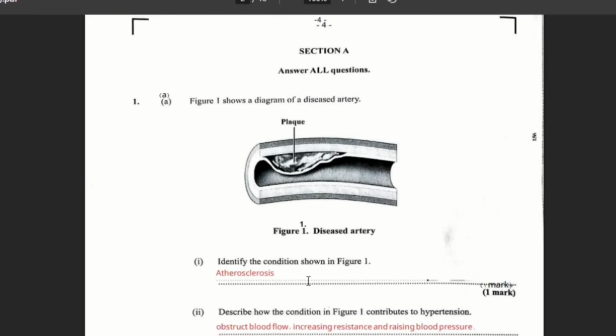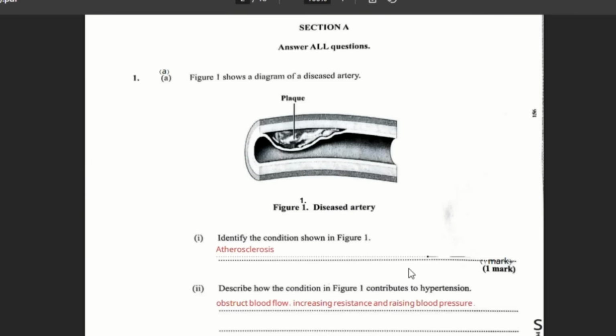We cannot pronounce it, but this is the condition right here. It causes diseased arteries, where we have plaque building up. Naturally the blood is supposed to pass through, right? Because an artery is a blood vessel. Now when you have this plaque, it's blocking the blood flow and can lead to this disease. So this would be the answer for number 1.